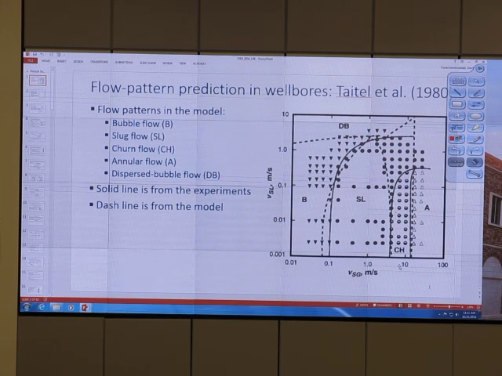What do I need to estimate the hold up in the film region? Do you need slug length? Because slug length is about 30 diameter, right? How do I get film length? Oh, okay.